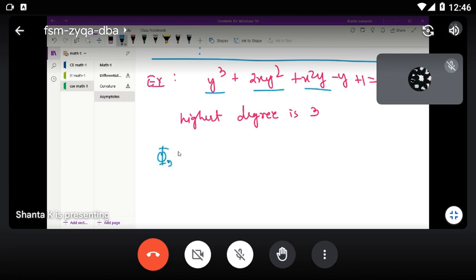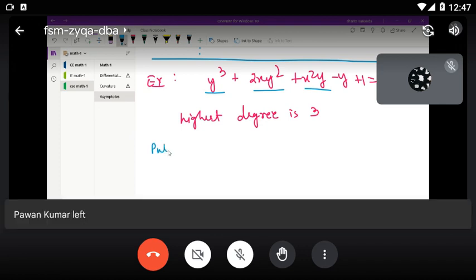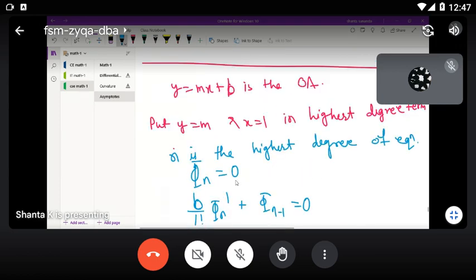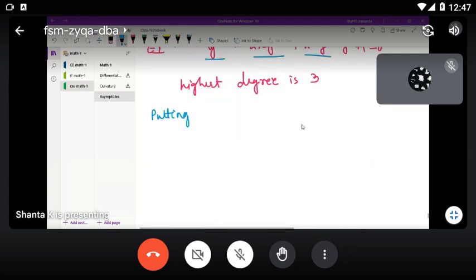So putting, as I said, y equals m and x equals 1 in the highest degree terms, we get phi 3.